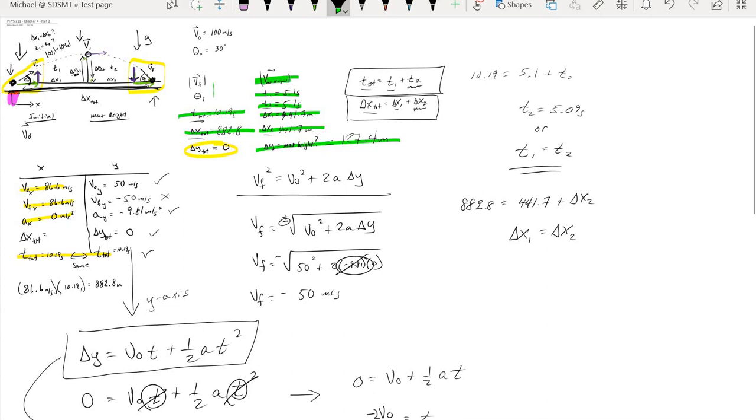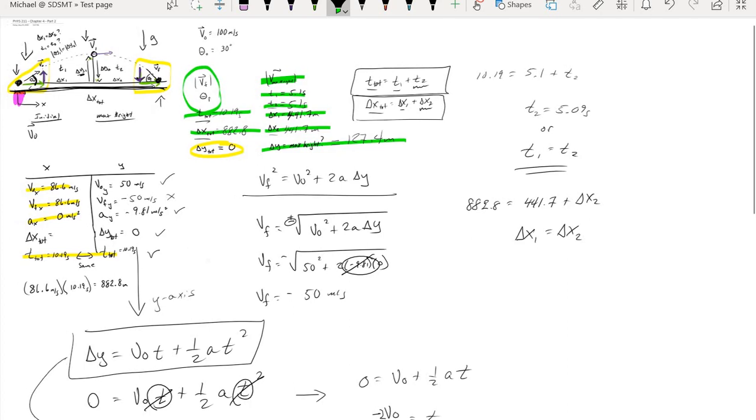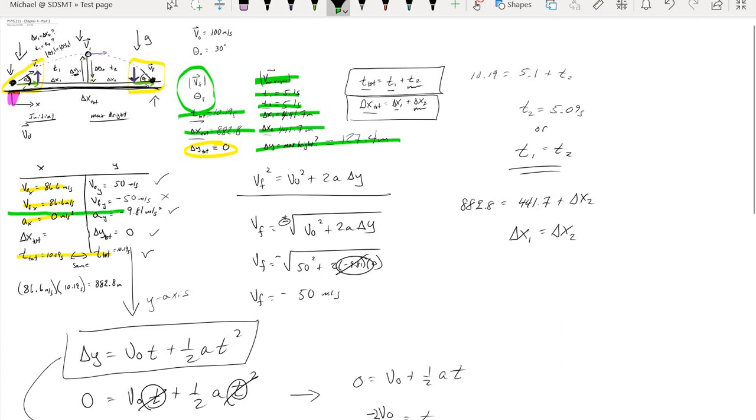The only thing that we haven't done yet is we haven't put our components for the final velocity back together. But take a look at how those components compare to the components of the initial velocity. If you put those back into your Pythagorean theorem, it turns out that the magnitude of the initial velocity is equal to the magnitude of the final velocity.